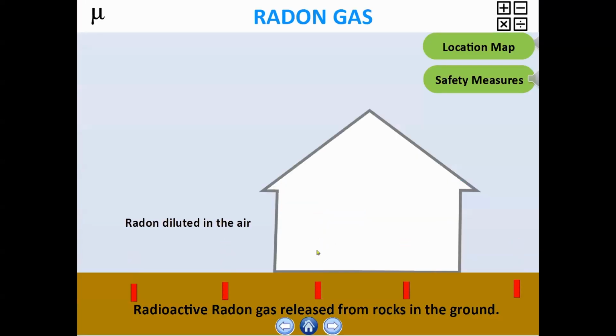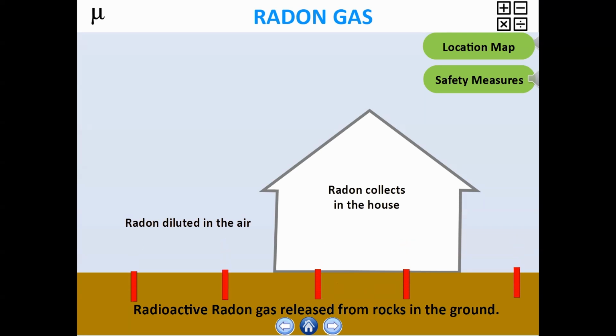So radon gas, particularly if you're in Wales, which I'm assuming you will be if you're studying this course, is a gas that's naturally released from radioactive decay in the Earth's crust. And there's lots of mines across Wales that have dug into the ground and have released that radon gas.